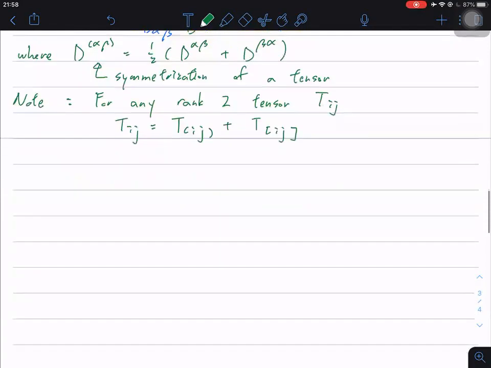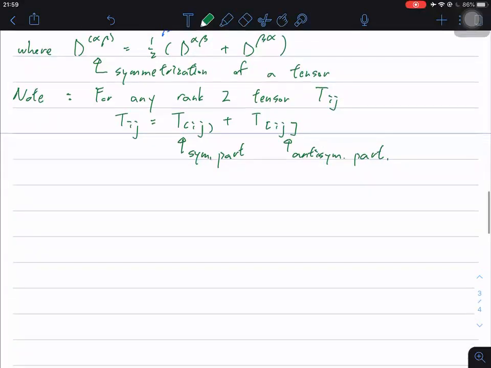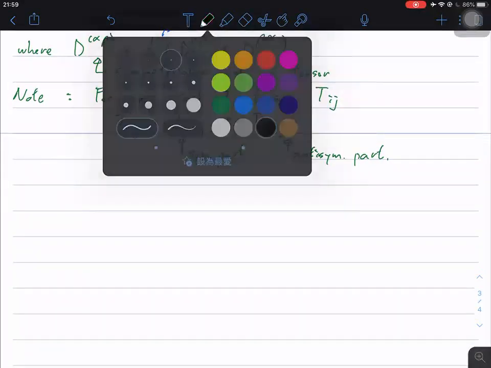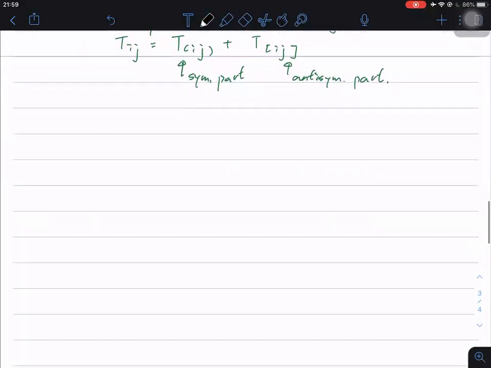For the parenthesis part, this part is the symmetric part of the rank 2 tensor. And this part is the anti-symmetric part of the tensor. So for any rank 2 tensor, you can clearly divide out the symmetric part and the anti-symmetric part of the tensor. Okay, so that's all for question A.